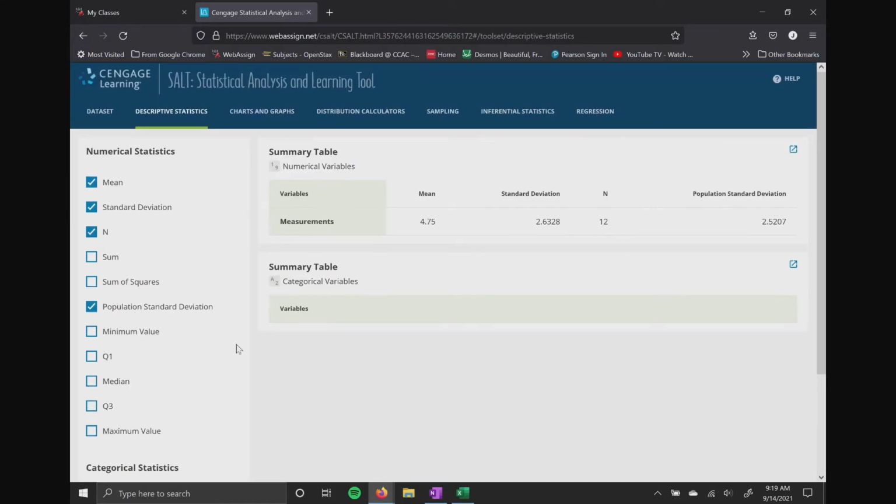I don't need any of this stuff right here. And then off to the right, you can see here we have our mean, 4.75. The standard deviation. Now, this is the standard deviation of your sample. And you only have 12. So we're taking 12 minus 1, which is 11, to calculate this. So 2.7328 would be our sample standard deviation. And then off to the right here, you're going to see the population standard deviation.